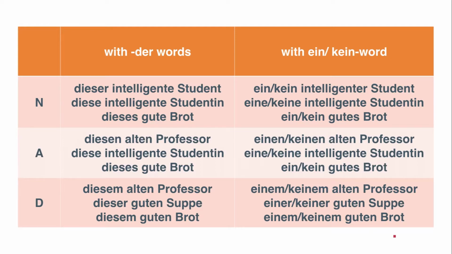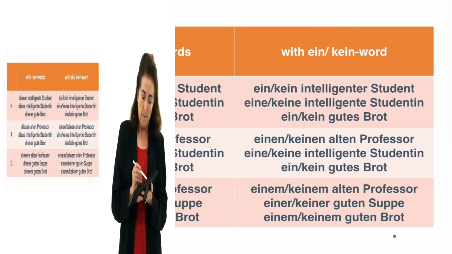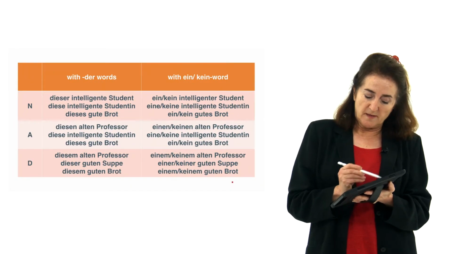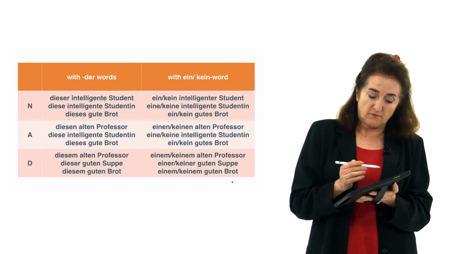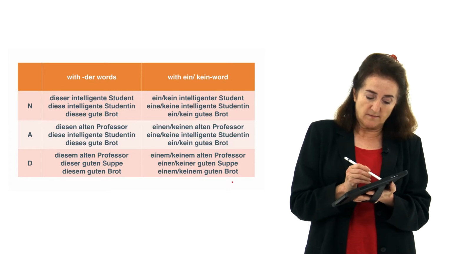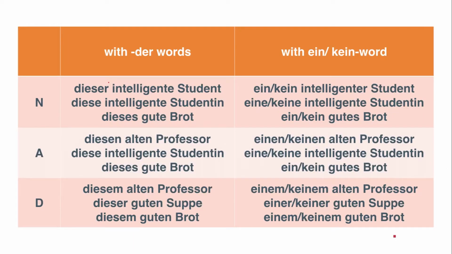So let's look at the left, the der words, the strong ending, dieser. Demonstrative or direct articles. Dieser intelligente Student, diese intelligente Studentin for feminine, dieses gute Brot for neuter. And look at the right side for ein and kein words.